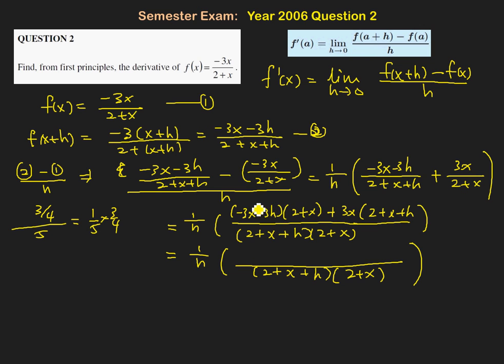Anyhow, now I expand this right here, and you have negative 6x minus 6h, negative 3x squared, minus 3xh. And now we're done with it. And the second term, plus 6x plus 3x squared, and lastly plus 3xh.